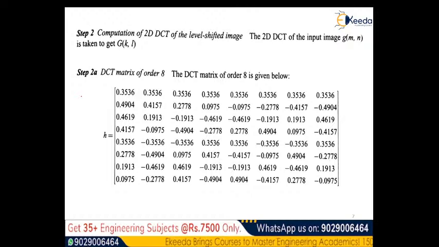So now this is the H here. Now how to compute the two-dimensional discrete cosine transformation of the given image here. The given image we have level shifted and now it has been denoted g of m comma n. So let us operate g of m comma n with the help of the H matrix.